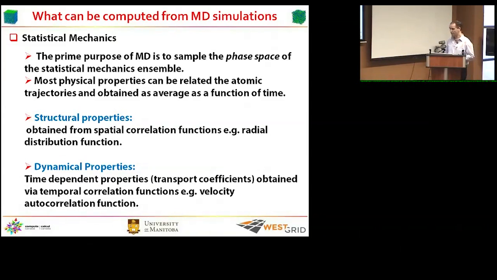For example, the mean square displacement, which is the average of the displacements of atoms as a function of time. From the mean square displacement, we can also compute the transport coefficient, or the mass transport. These parameters are used by other simulations like phase field modeling.